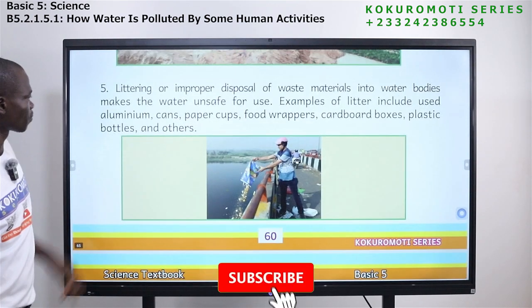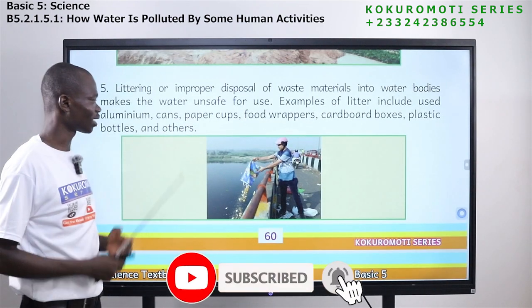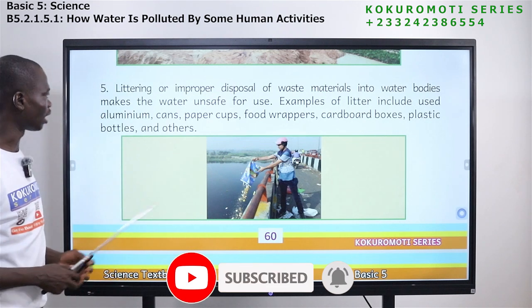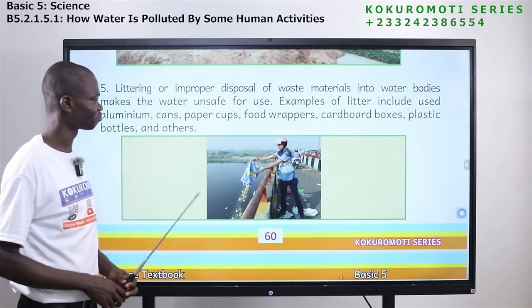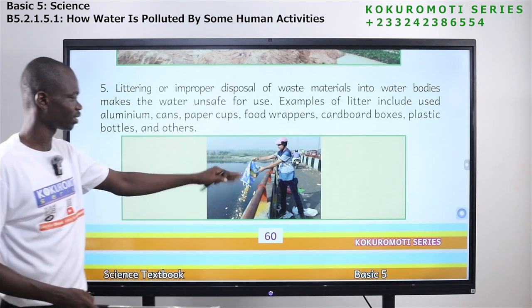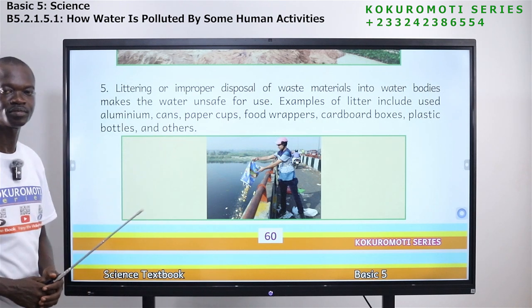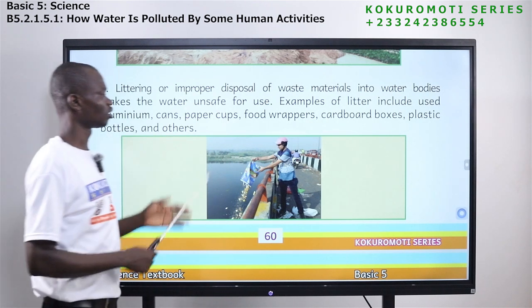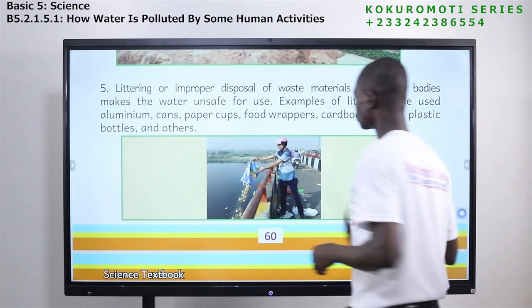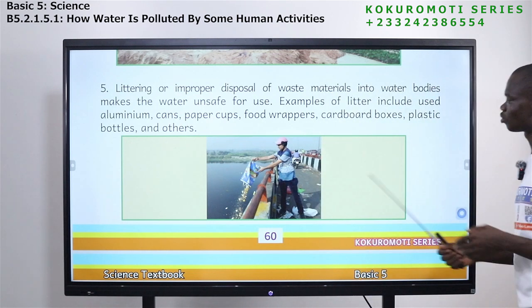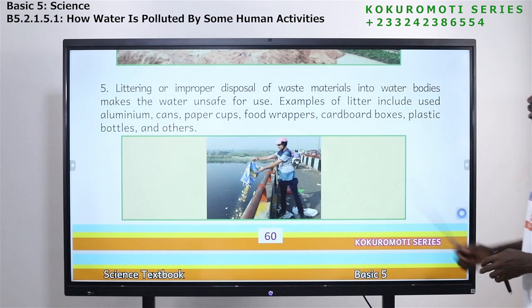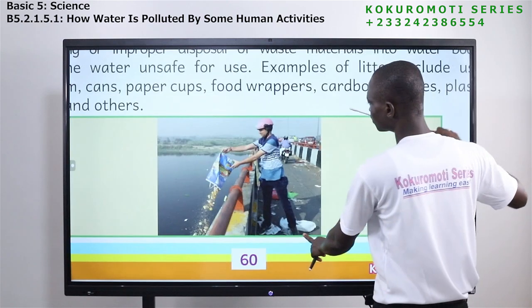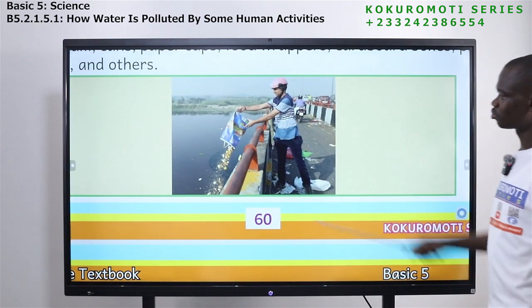Let's look at another human activity that pollutes our water bodies. Look at the man. He's pouring litter into the water body. He's disposing waste materials into water bodies. Is this the right thing for us to do?